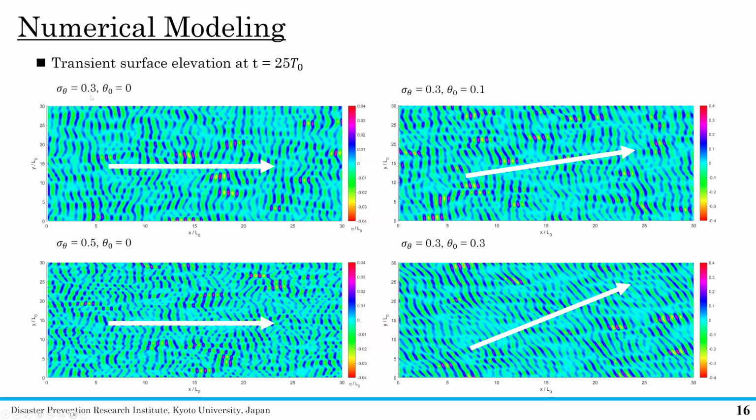These two figures show dispersion of 0.3, and we can see some directional dispersion. When sigma theta equals 0.5, we can see the crest line becomes more dispersed, because there is more dispersion in different directions.